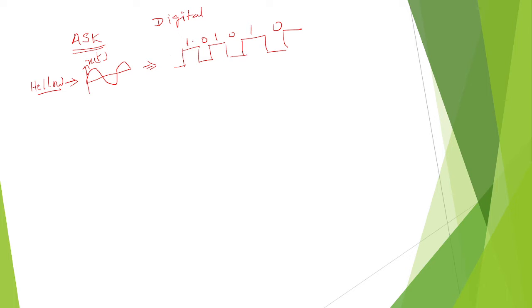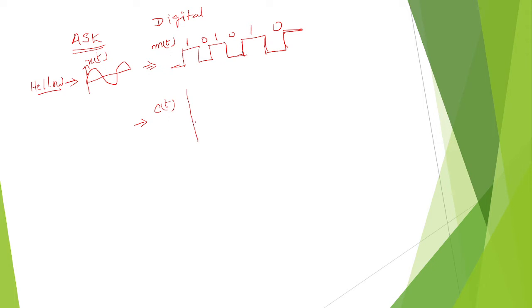But we want to transmit over long distance communication. If you want to transmit, modulation is required to transmit over long distance. That is the reason we are going for modulation. I am assuming this is m of t, the message signal. I am taking one more carrier signal to modulate this signal.